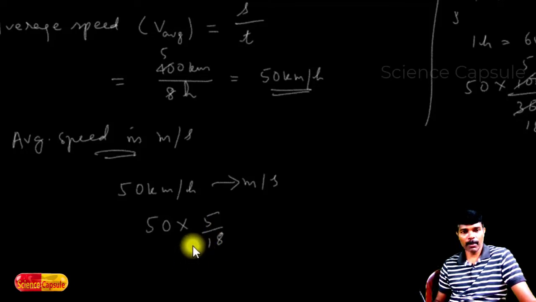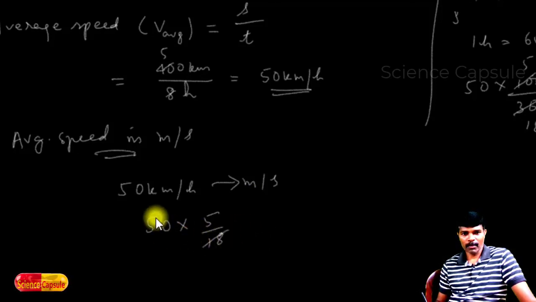This is the simple process. In future numerical problems also, whenever you find a conversion of kilometer per hour into meter per second, always keep in mind that you multiply the value of kilometer per hour by 5 by 18. The reverse is also possible. If the value is given in meter per second, you can convert it into kilometer per hour by just reversing the factor, that is 18 by 5. Keep this in mind, we will do it in future videos also.